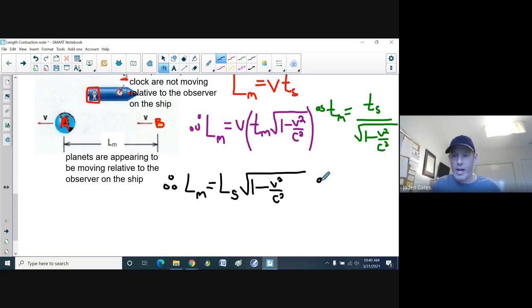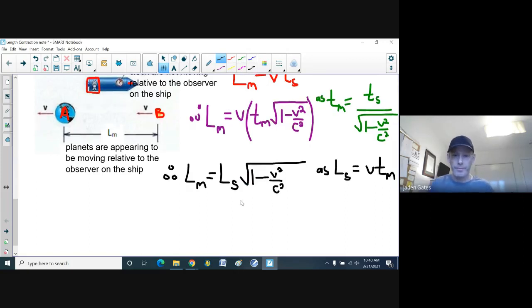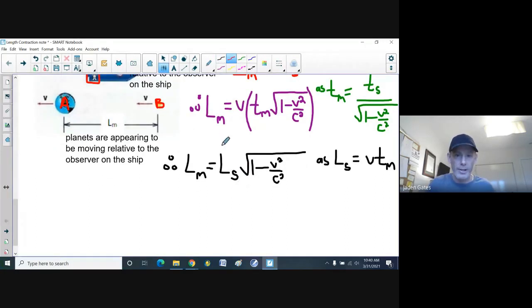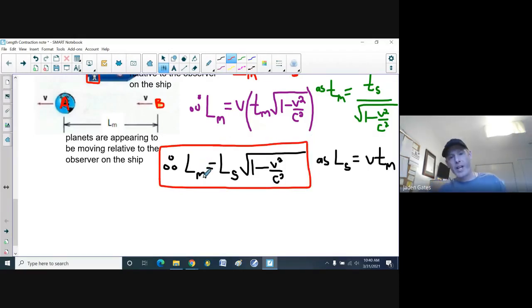And this is just as we looked earlier just now, that LS in our first perspective is equal to V times TM. And so here's our formula right here that we're looking at. So it's all, again, perspective. Is it things moving or are things stationary?